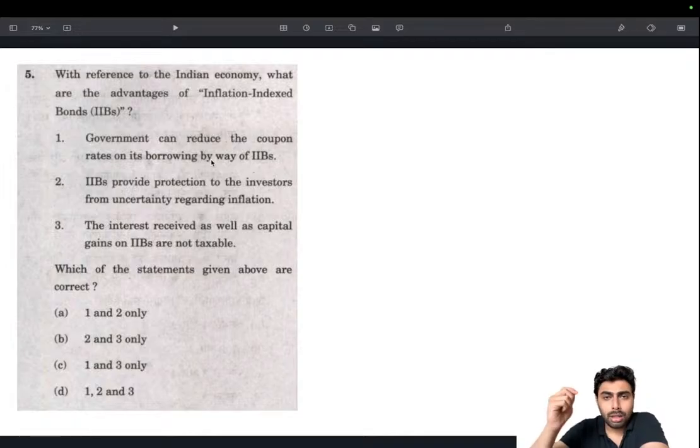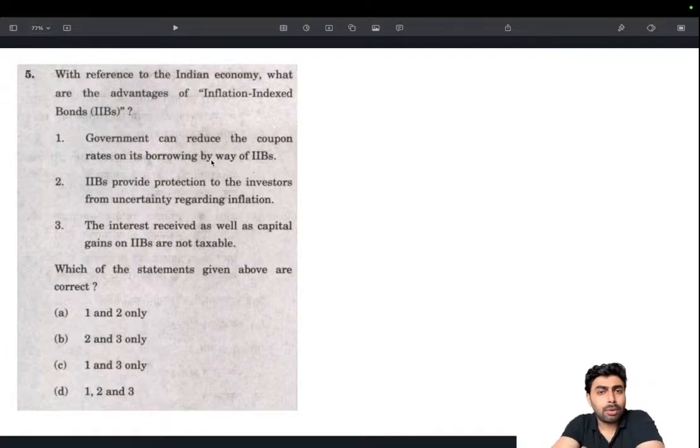Meaning that if a 100 rupee bond is being issued by the government, mostly it's government only, then if it's inflation adjusted, the coupon rate on that bond will be higher or will fluctuate based on the inflation level, so that the buyer actually gets a security against higher inflation.